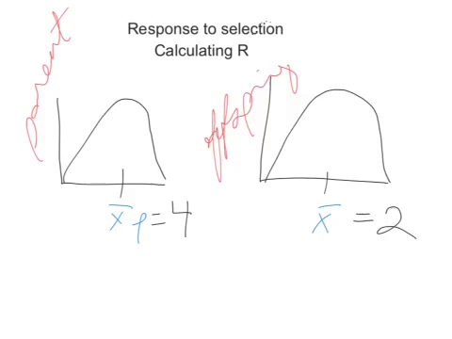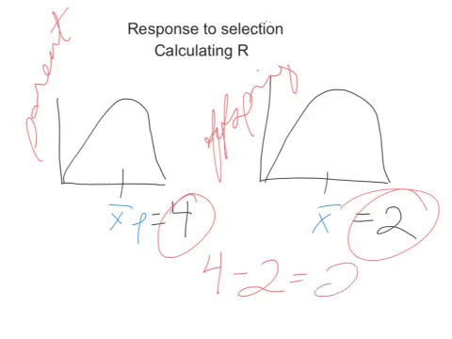So to find the difference, we take 4, subtract 2, and in this case, we get 2. So 2 is R in this scenario.